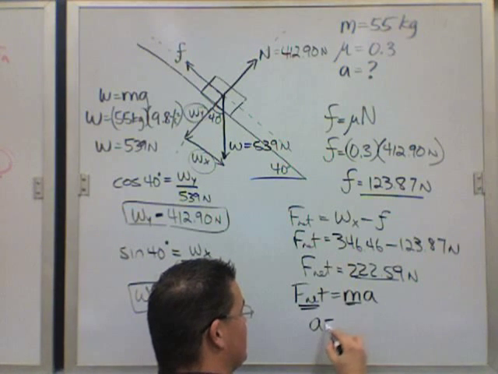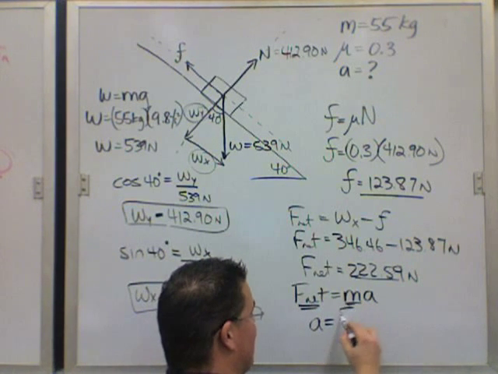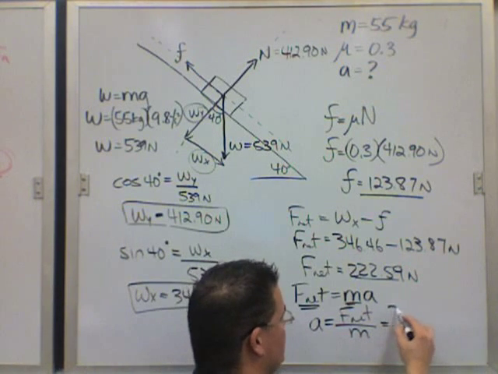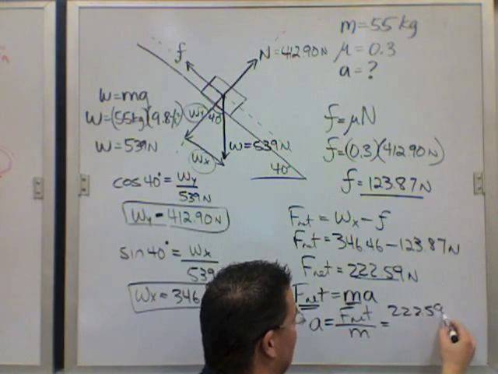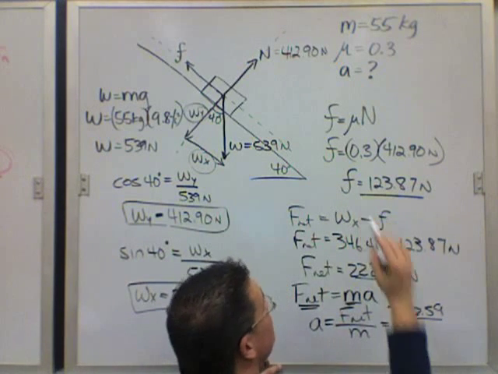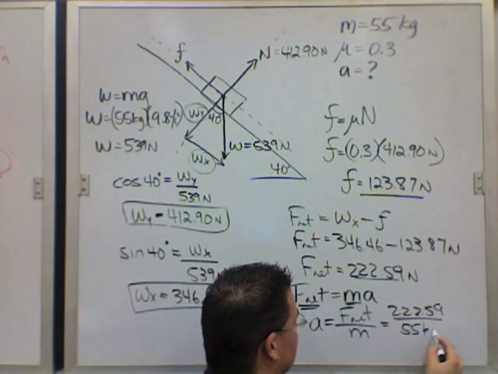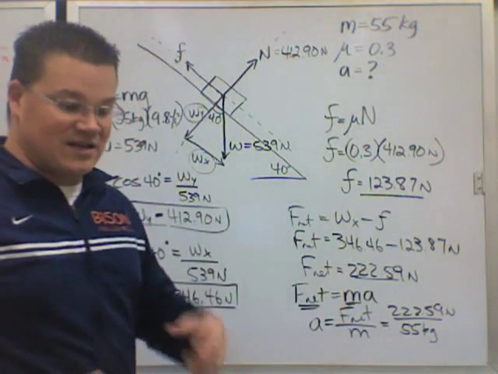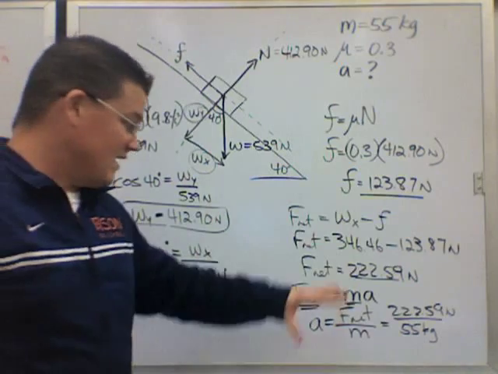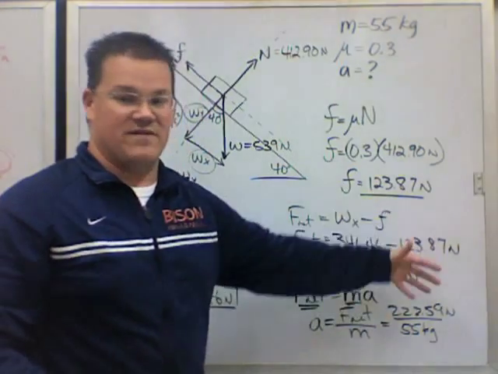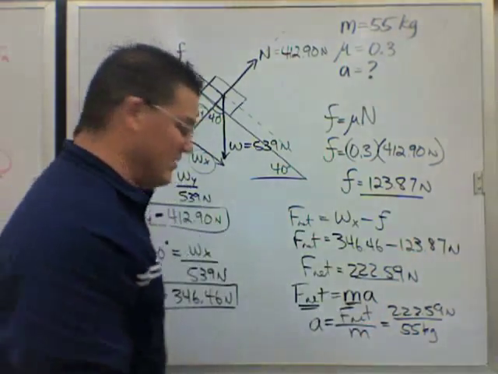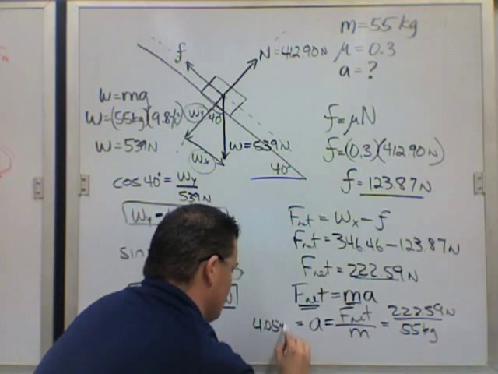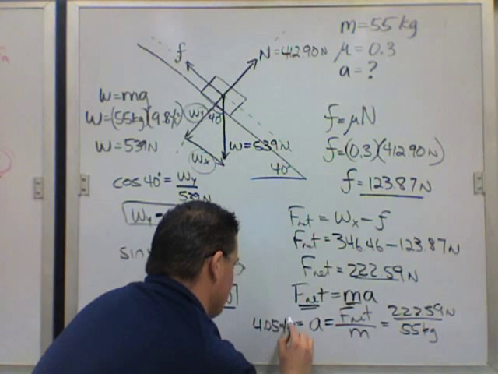When you rearrange and plug these two in, you get F net over m, 222.59 over 55 kilograms. Your acceleration, once you've calculated that, is 4.05 meters per second squared.